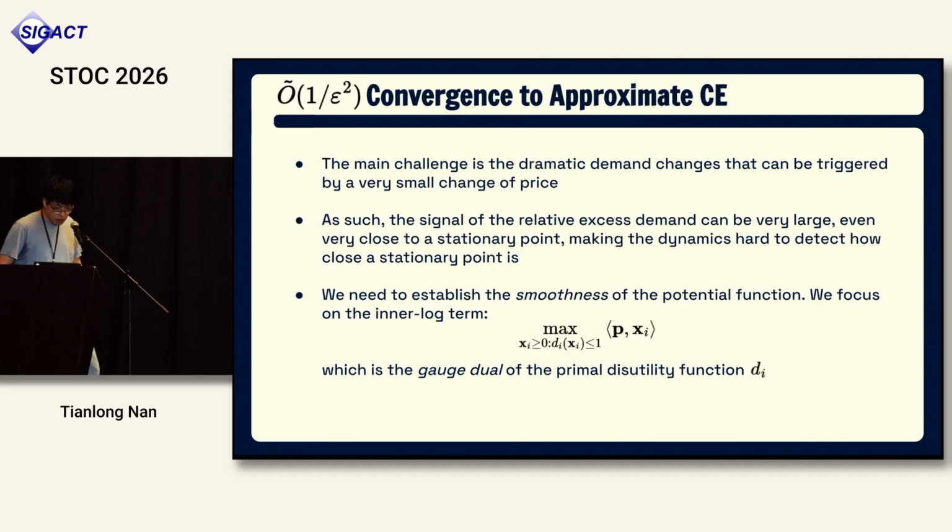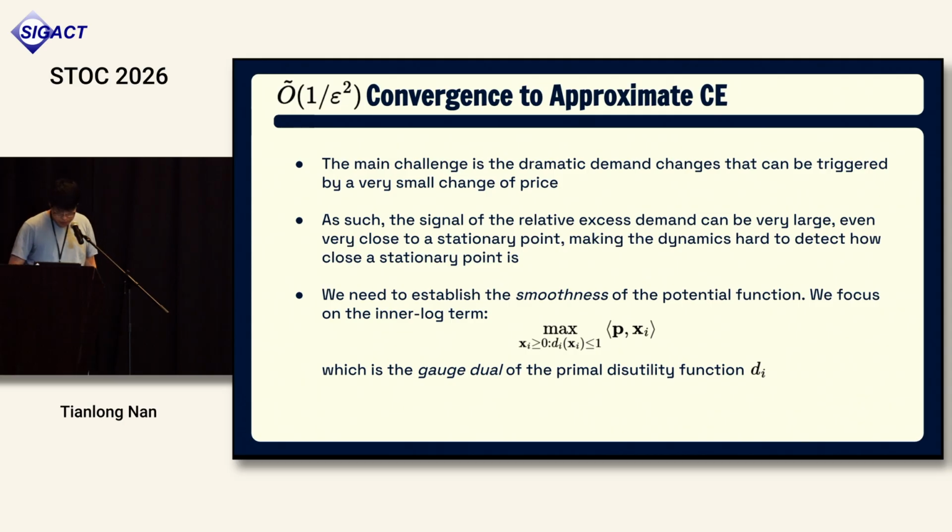Okay, so the next part will focus on the convex CES disutilities. In that case, we look at the iteration complexity to compute an epsilon-approximate CE, and it turns out that you can have a 1 over epsilon squared convergence rate guarantee for that.